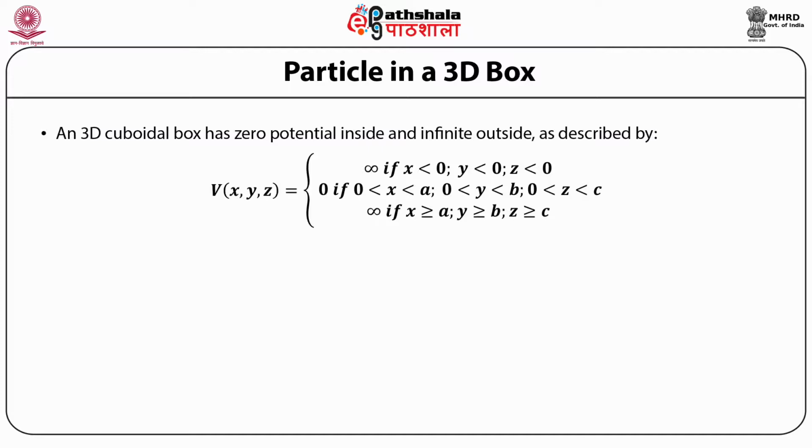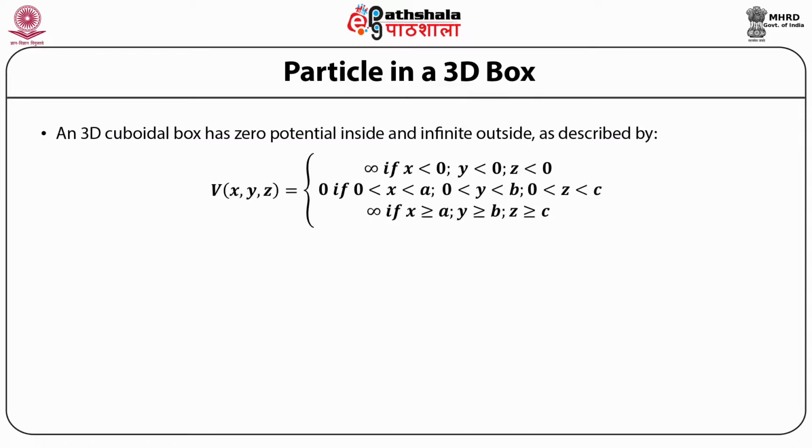So let us consider a solution of the above equation as psi(x,y,z) is equal to psi x, psi y, psi z, where psi x, psi y and psi z are functions of only x, y and z respectively.